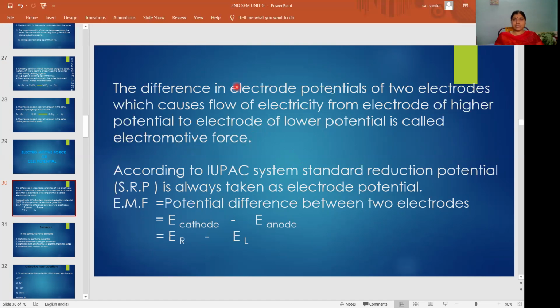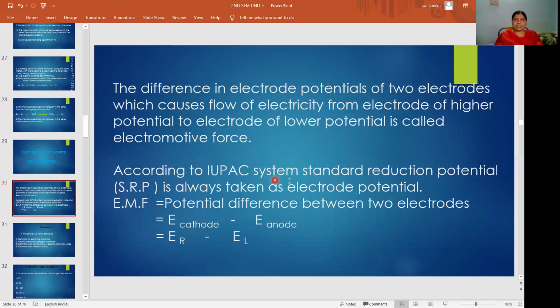The difference in electrode potential causes the flow of electricity from one electrode to another, from the electrode having higher potential to the electrode having lower potential. That is called electromotive force, or simply EMF.